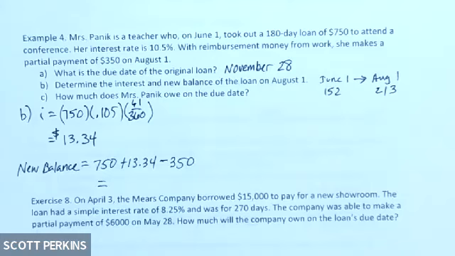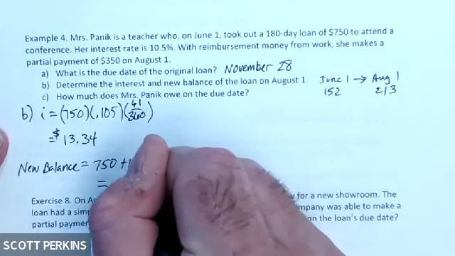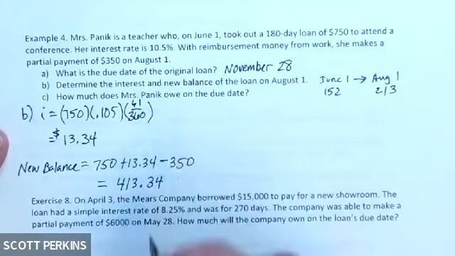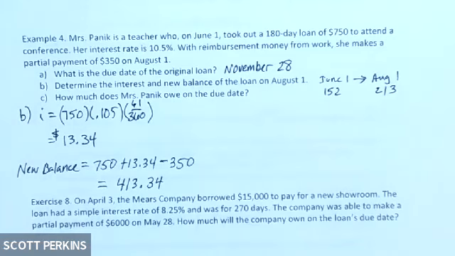And when I do that, the balance at this point is $413.34. That's the B part of the problem. It was all simple interest, but the new facet of this is being able to figure out the days using the chart between these different dates.